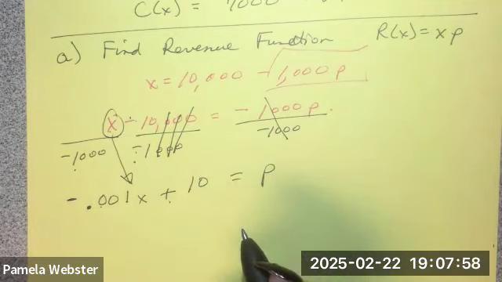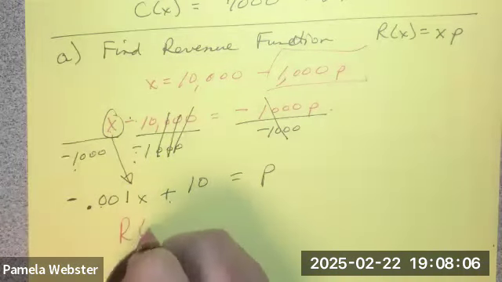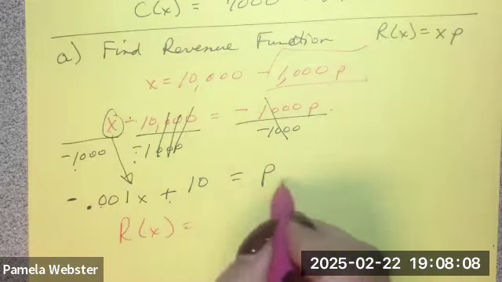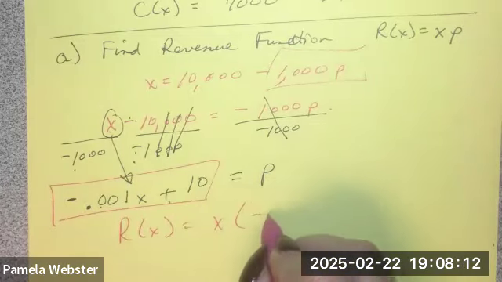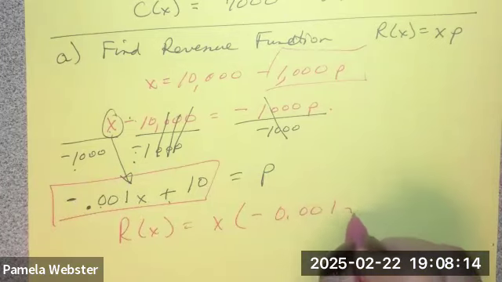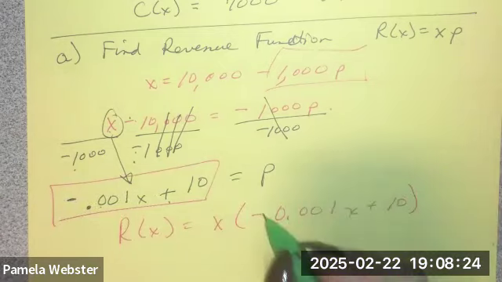So then we say, okay, you've got that. We want the revenue function because this particular problem A said find the revenue function. R of X is equal to this guy times X. Okay. And if you didn't notice before, a lot of times with these revenue functions, and even the cost functions, we'll end up with a negative in there.